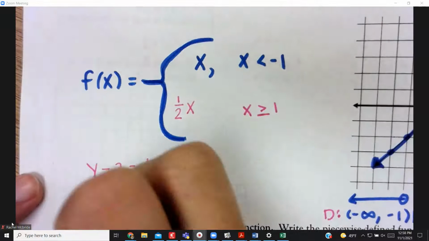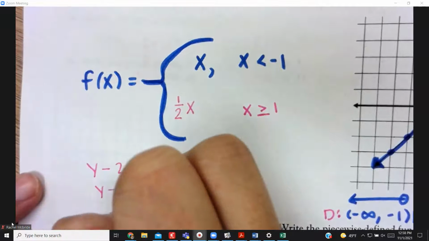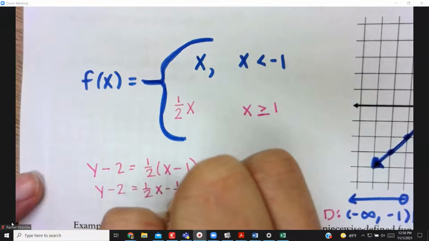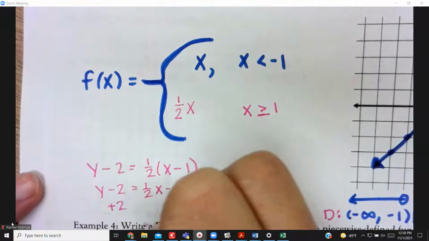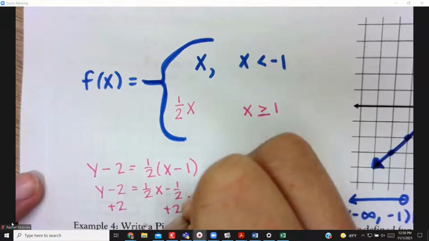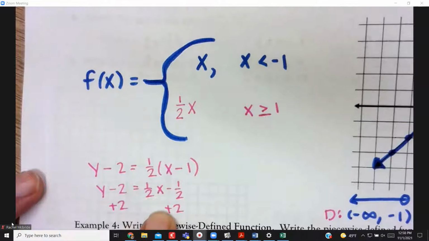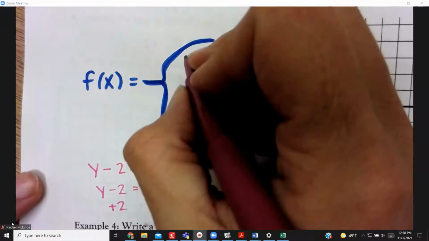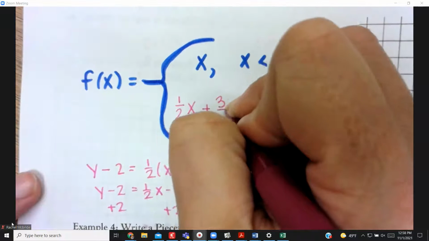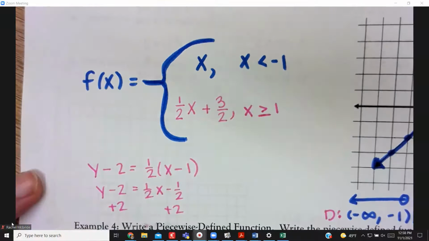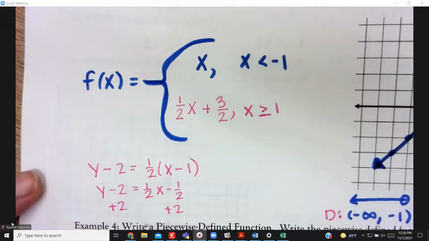And you could use point slope form from our previous units and work backwards and get it into slope intercept and see that you get y equals 1/2 x plus 3/2. Okay?